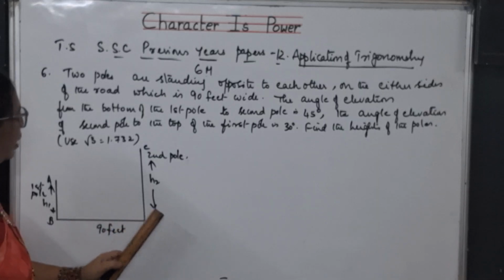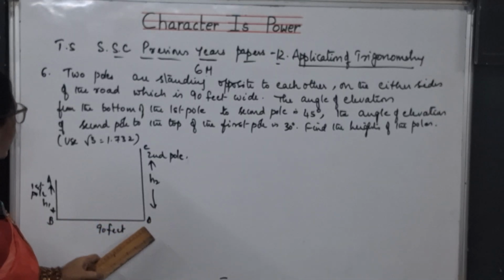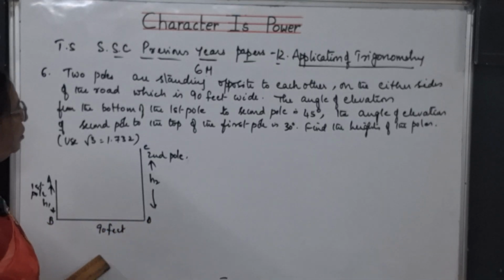So two poles standing opposite to each other on either sides of the road, which is 90 feet wide.